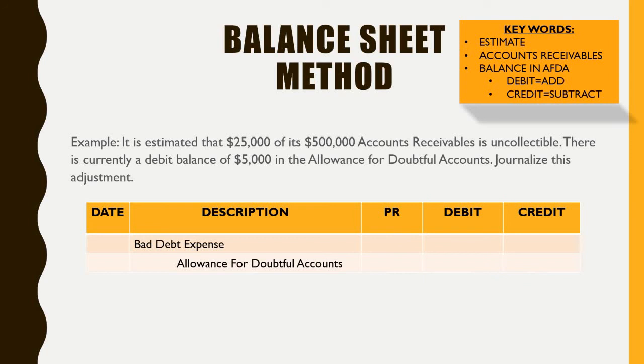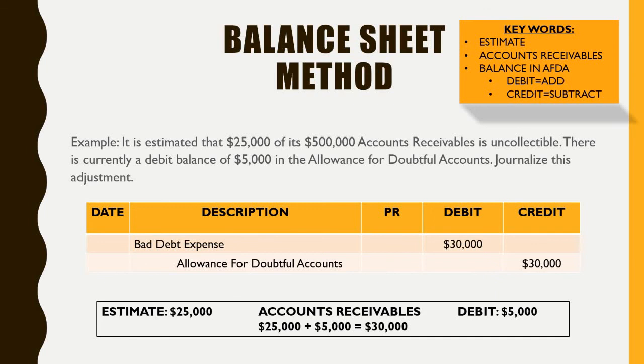In this case, since I have a debit balance, I'm going to add my two values together, because at the end of the day, what I need is $25,000 to reflect in my allowance for doubtful accounts account.